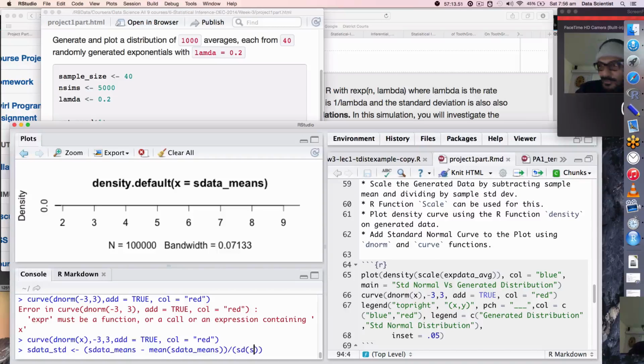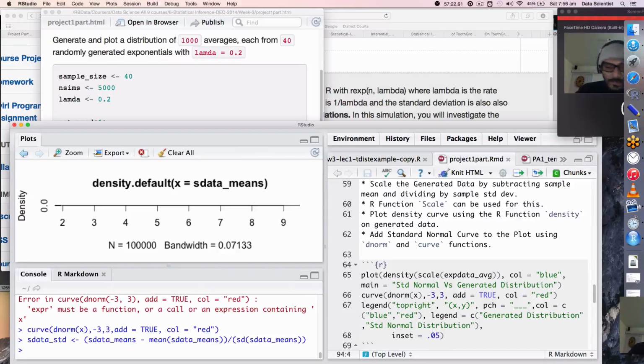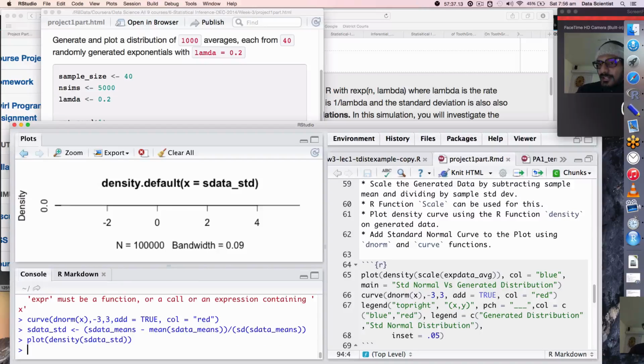I say standard deviation of S data underscore means, all right? Is this fine? Can I do this? When I do this and then I do a plot, not of the means but of the standardized data, all right, I do this. Okay, and then I also do an abline on this. Let me make the color blue.